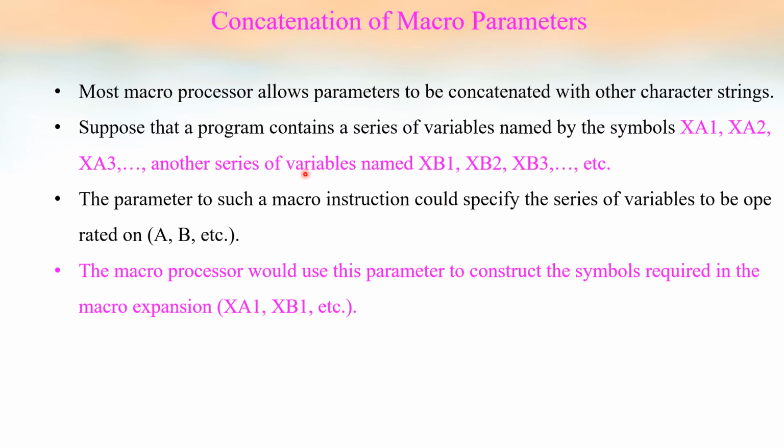They differ only in the middle character. Here it is A, and here the middle character is B. So instead of passing all these arguments, we can pass only the middle character and concatenate it with X and this 1. So we can reduce the number of arguments or parameters in a macro invocation.